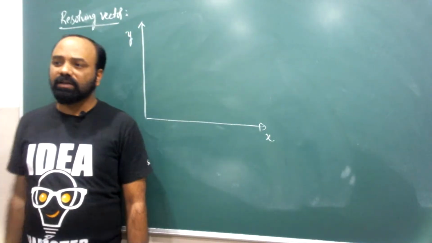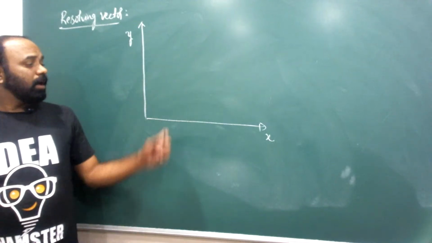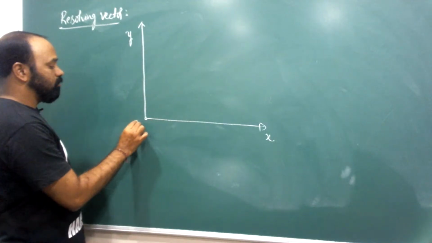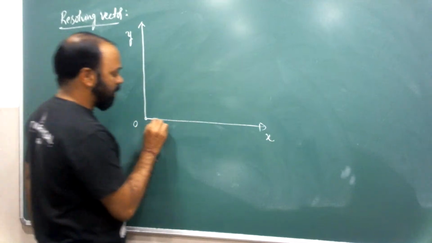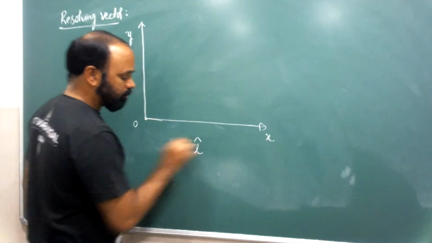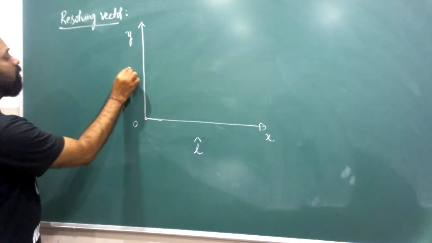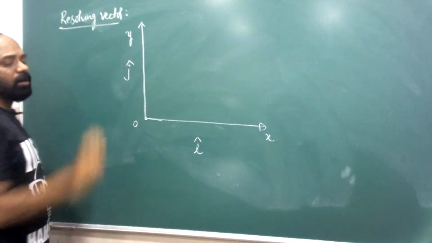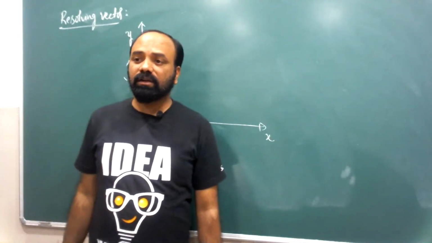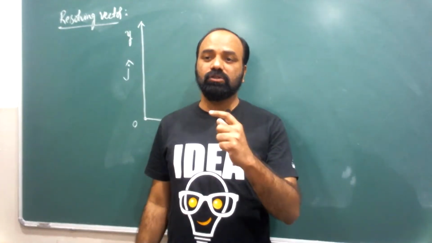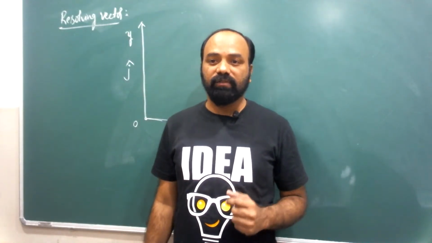In the fundamentals of vectors we learn along the x-axis, if it is horizontal, along the x-axis we have one unit vector i cap. Along this direction we have one more unit vector, that is j cap. We know the definition of unit vector. If the magnitude of the vector is equal to 1, then we call it a unit vector.